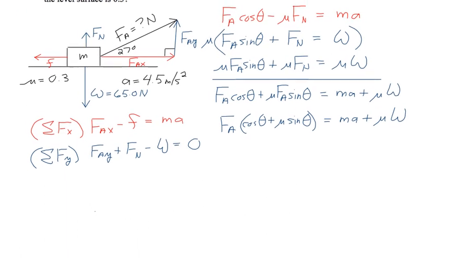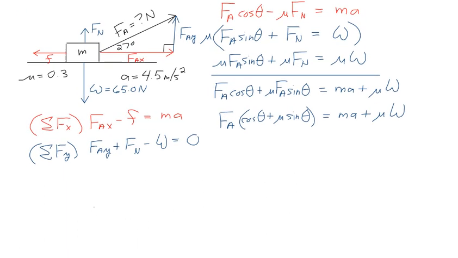I'm going to go up here, so I'll do the work right here. The M is going to be W divided by G. I had some people on the test doing W equals M over G. Don't make the mistake. If it was W, it would be M times G, but if it's M, it's W over G. So that's going to be 65 newtons divided by 9.8 meters per second squared.